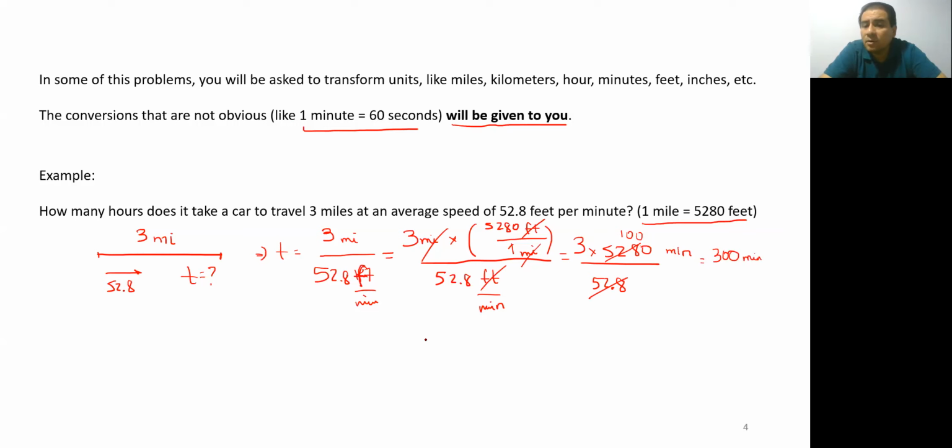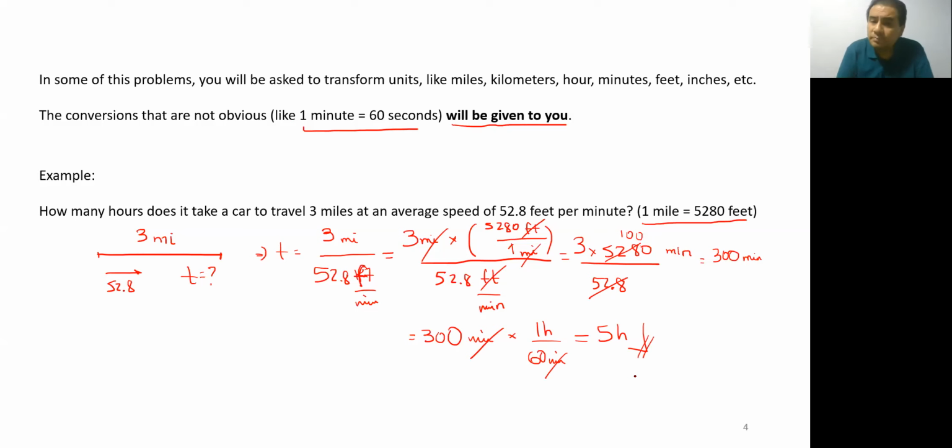minutes. Now, all we need to do is convert the 300 minutes into hours, which is 1 hour over 60 minutes. This is our conversion factor. So here, we just do the math. 300 divided by 60 is 5. So totally 5 hours. That's the answer.